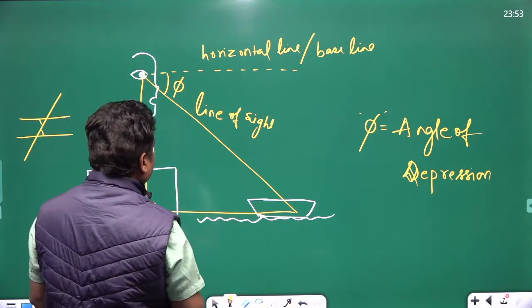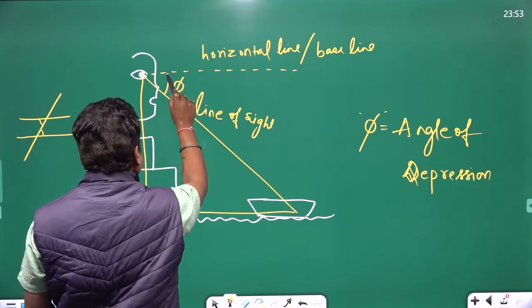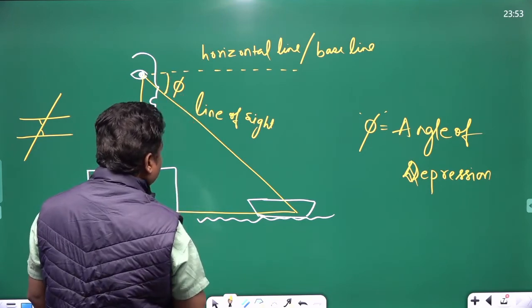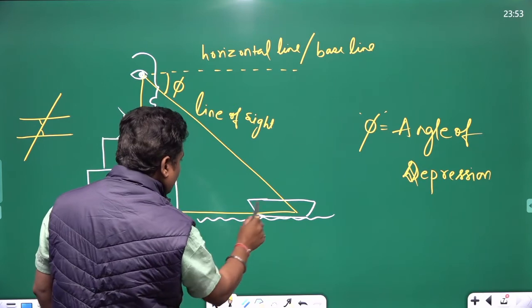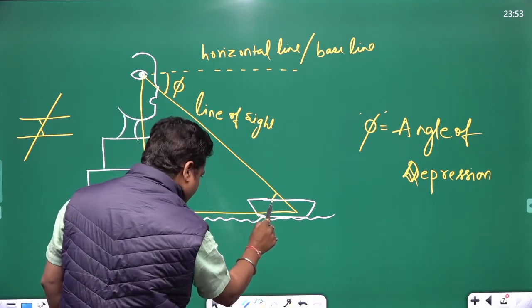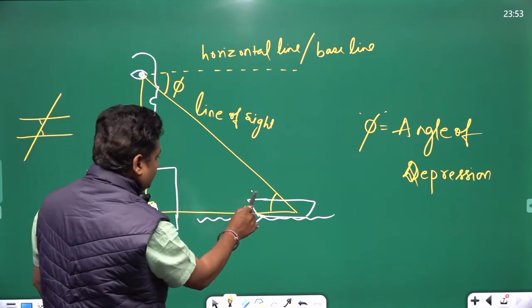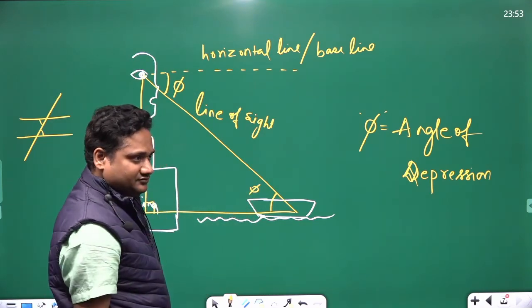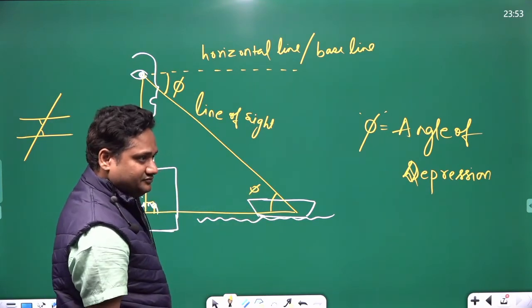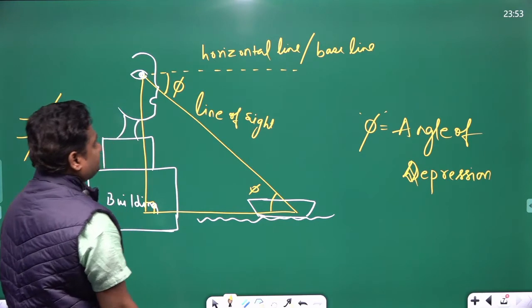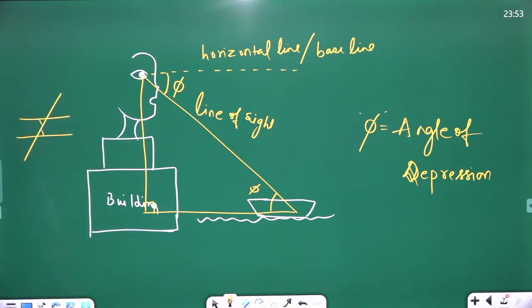If this angle is phi, which is the angle of depression, obviously this must be equal to this one, correct? Right or wrong? So this is phi. Clear? Okay. Now the diagram is complete.